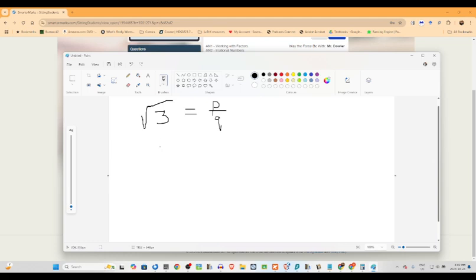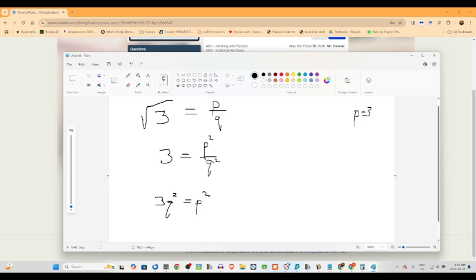So that means if we square both sides, we have 3 equals P squared over Q squared. Multiply both sides by Q squared. We have this 3Q squared equals P squared. If this left-hand side is divisible by 3, it's 3Q squared, the right-hand side must also be divisible by 3.